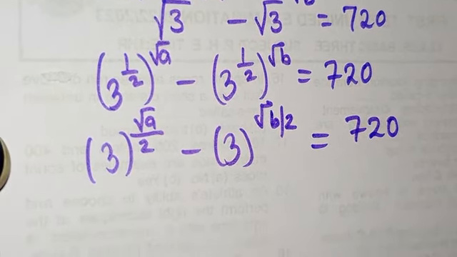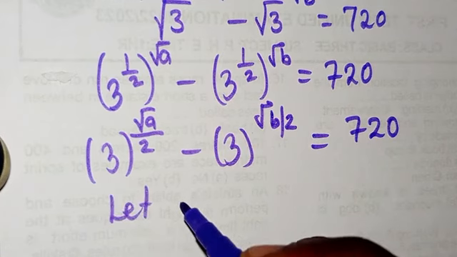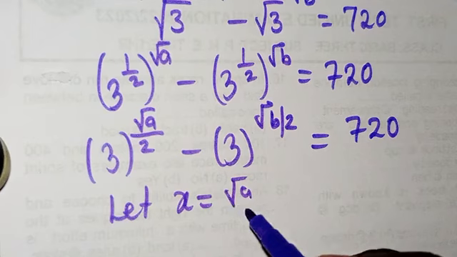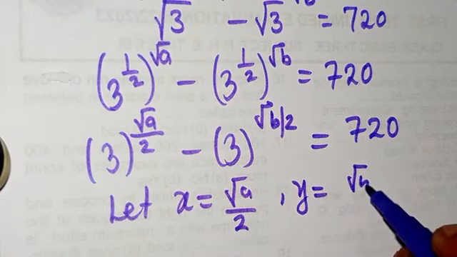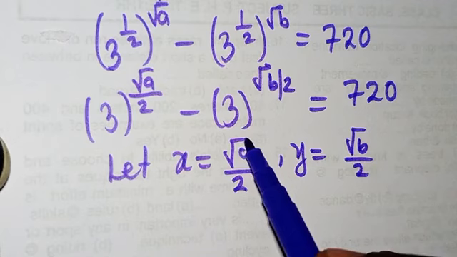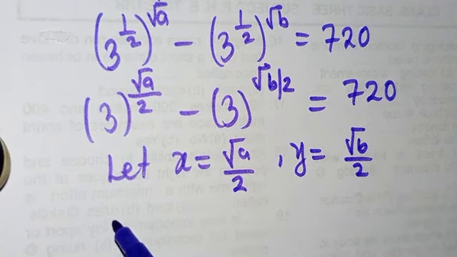So now the next thing we are going to do is let x equal root a over 2 and y equal root b over 2. So therefore, from this equation, anywhere I see root a over 2 and root b over 2, I'll replace it by x and y respectively.